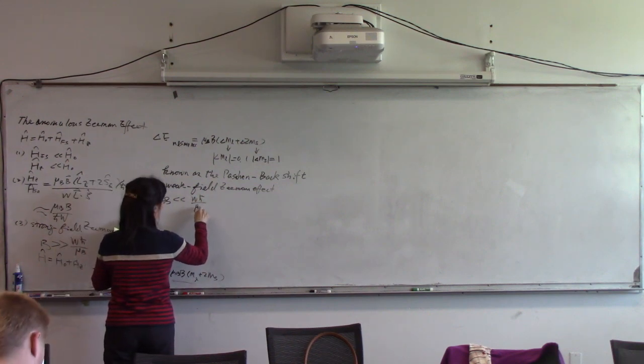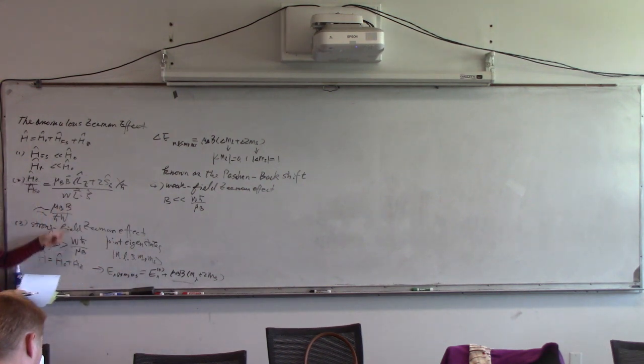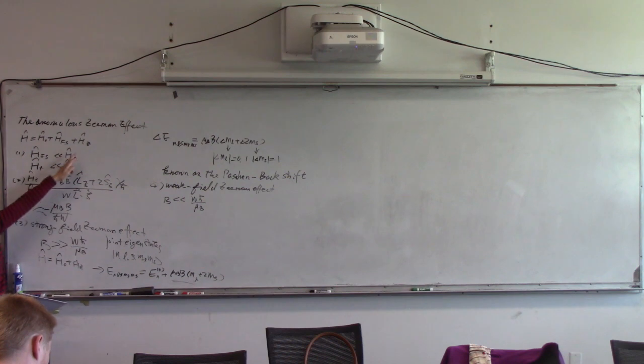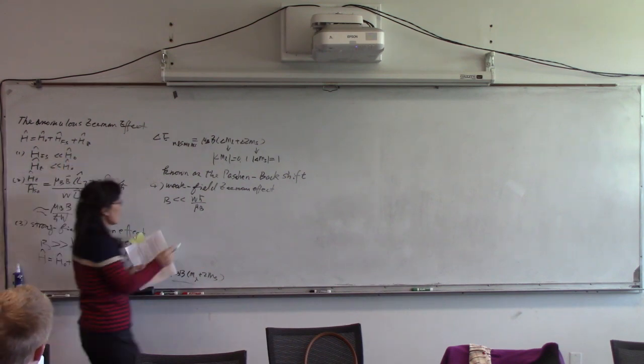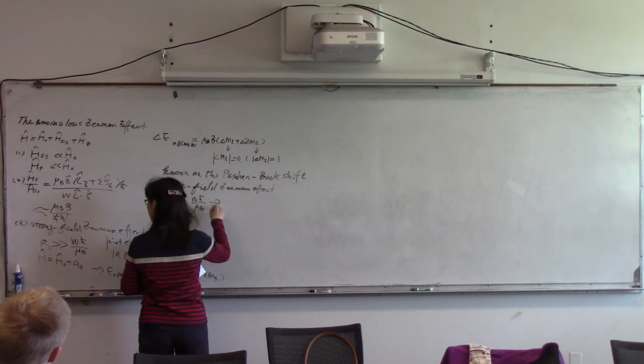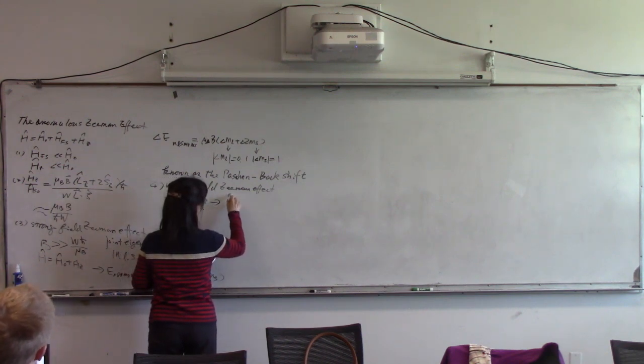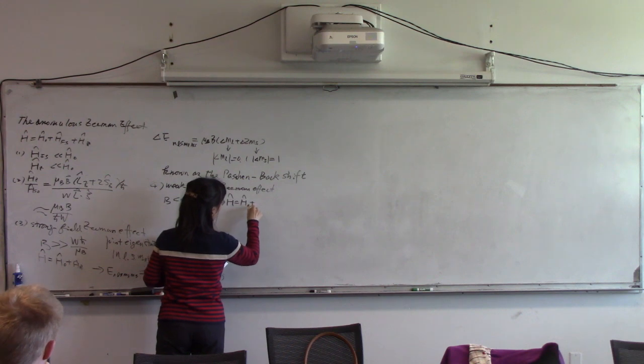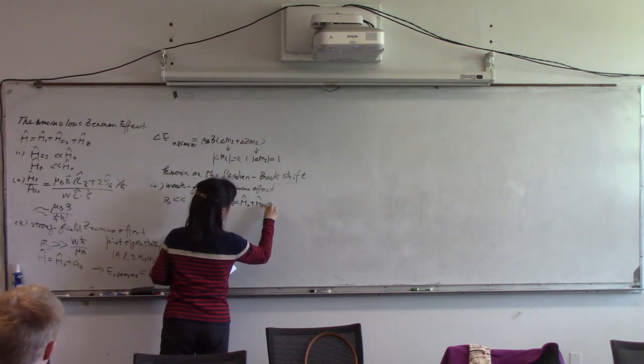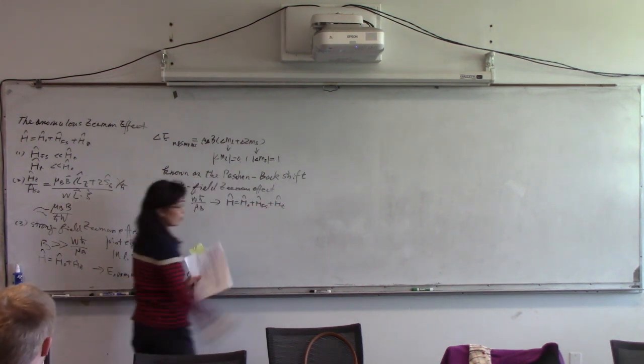But we have to consider this one, since we look at the contribution or effect due to the field. So even though this term is smaller than this one, we consider this one as a perturbation, right? So in this case, the Hamiltonian is H naught plus fine structure plus the field term. So all of this should be considered.